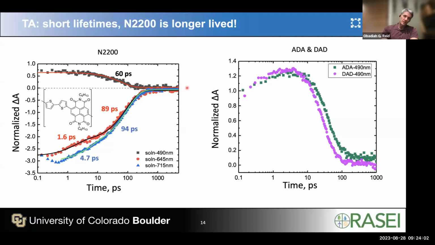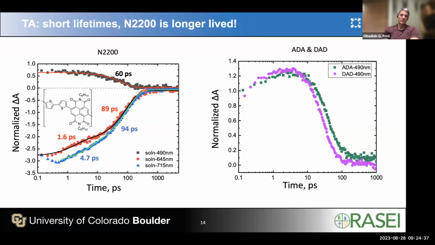We can also do that comparison with the N2200 and the ADA and DAD, this time using transient absorption spectroscopy. So here is data from experiments that Melissa and Abhishek and Aruda did, and also Andrew, I think, looking at both the bleach recovery and the decay of the excited state absorption in the solution phase N2200 at several different wavelengths.